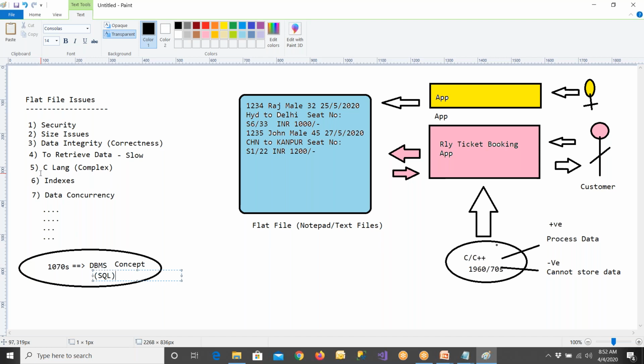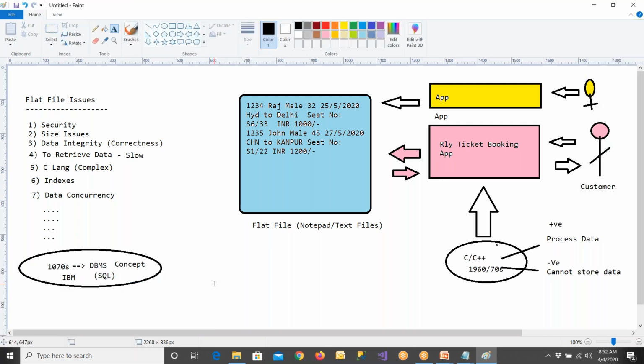So in the 1970s, the DBMS concept was released, and one more language got created, and this concept and this language were invented by IBM folks. In the 1970s you got the database management concept, which is purely a concept, which is not a software, right?